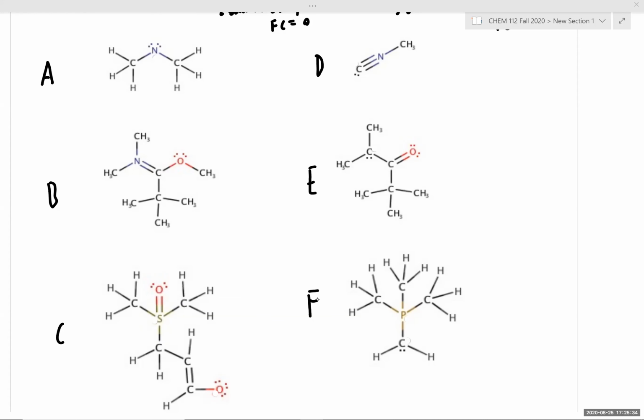Let's try to get as many responses as we can, just so I can make sure everyone's comfortable assigning formal charges, using either bonding preferences or the baseline formal charge equation.